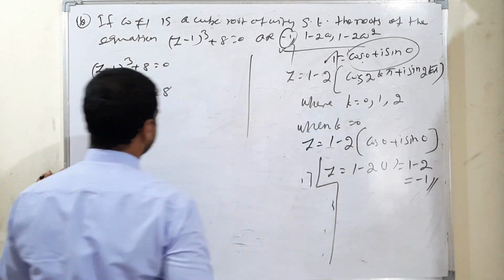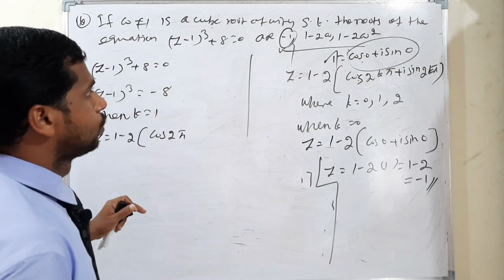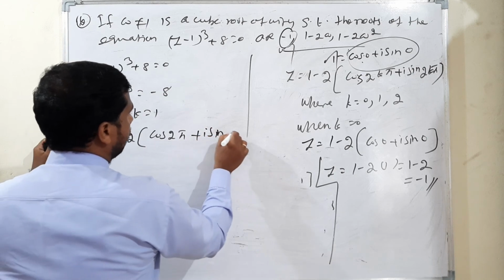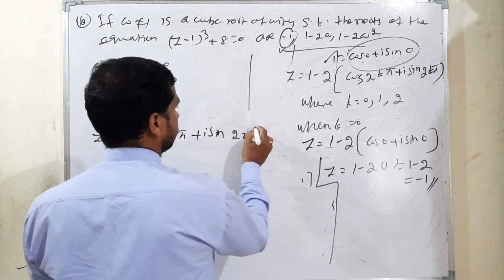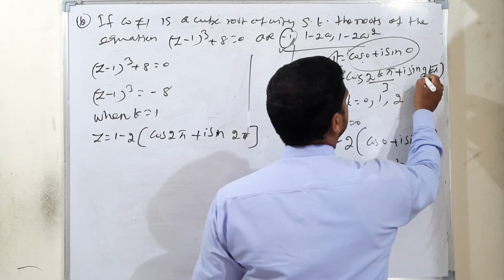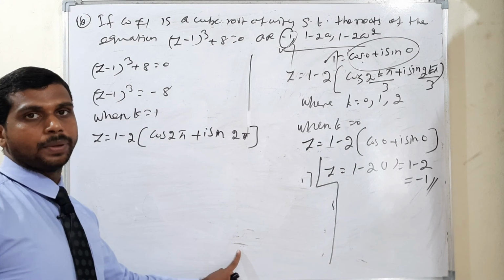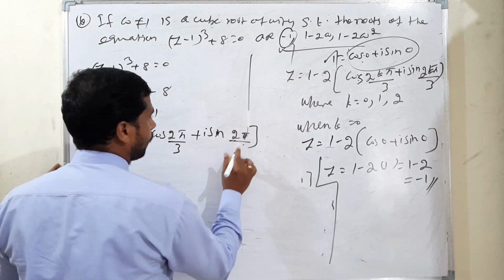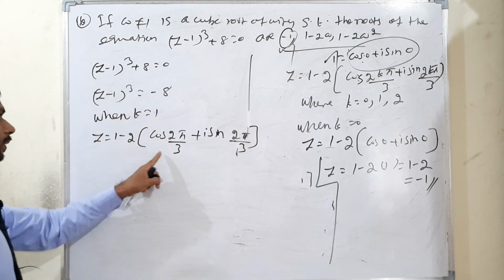So k is equal to 1 means cos 2 pi plus I sin 2 pi, isn't it? Sorry my dear, that is actually 2k pi by 3, isn't it? Here also 2k pi by 3, because according to De Moivre's theorem each and every term is divided by 3. So here also cos 2 pi by 3 plus I sin 2 pi by 3. So 2k pi by 3, because the whole power is 1 by 3. So this step is correct.